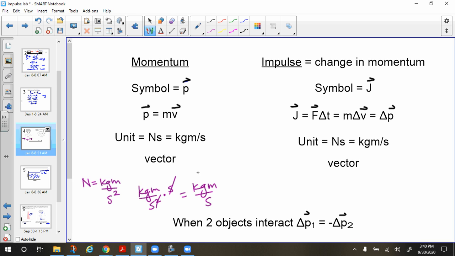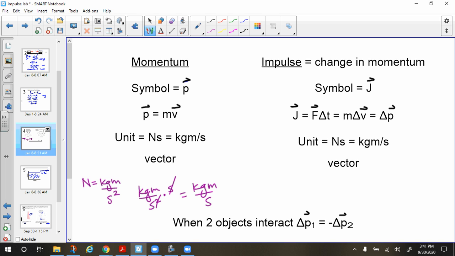You can write it either way, and it's handy because the kilogram meter per second comes from the mass times velocity. Mass is measured in kilograms, velocity is measured in meters per second. The Newton seconds comes from the force times change in time, so force and time.